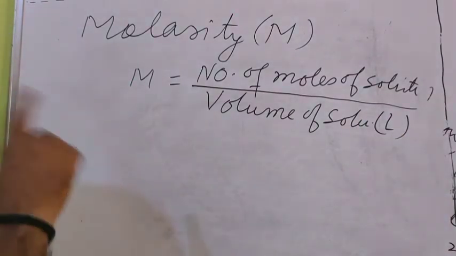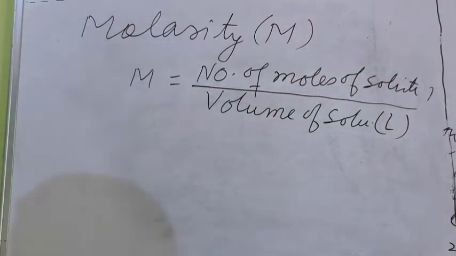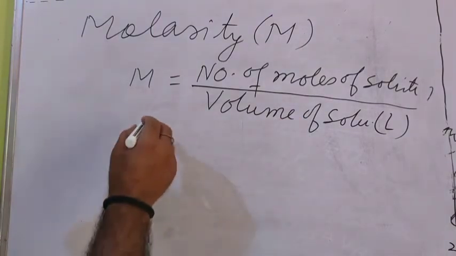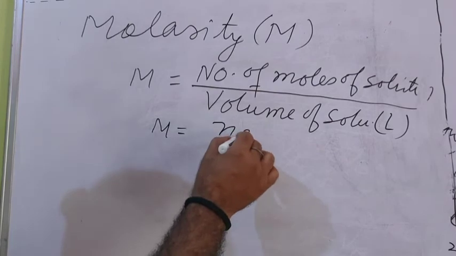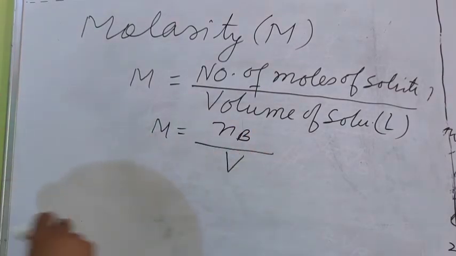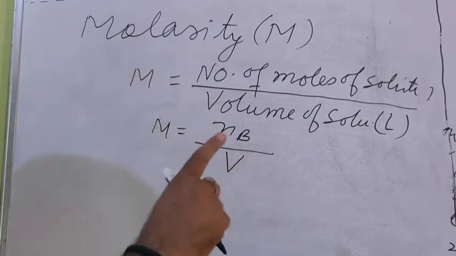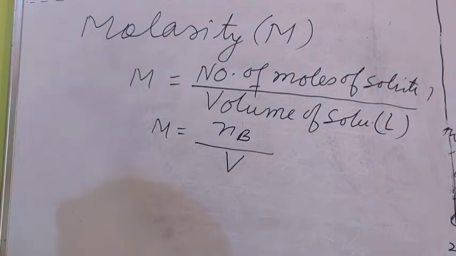As the definition says, number of moles of solute present in per liter of solution. So that can be represented as NB upon V. NB is the number of moles of solute, B for solute, and V is for volume.